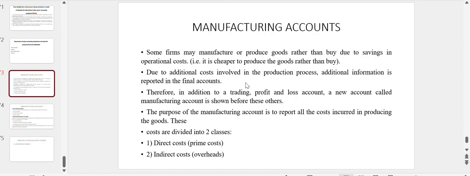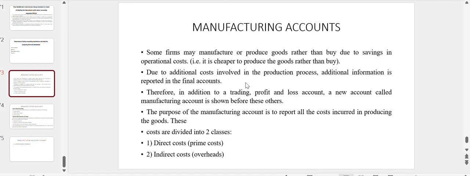Now, if you are producing goods or manufacturing goods, it means that you need to have raw materials, what we call direct materials. So direct materials is composed of the inventories, the purchases that you've made, and these are mainly purchases for inventories because you need to have inputs for you to produce outputs.